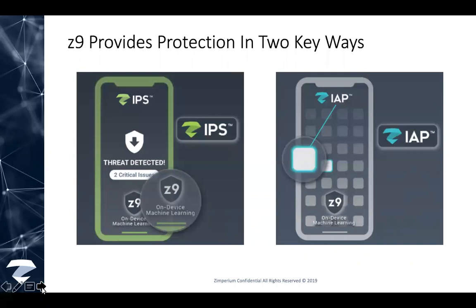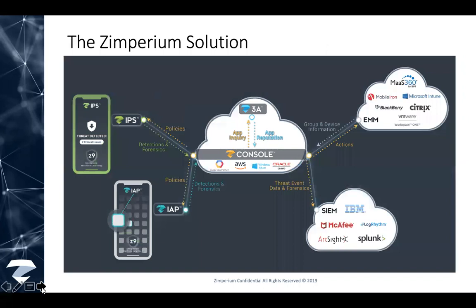So it's a perfect scenario. Both of those come back into our management and administrative console called Z Console. Another huge advantage of doing all of our detection on device is that our console is 100% cloud agnostic. We don't care what cloud people want to put it on. As an enterprise company, we always believe that we should fit into your world, not you into ours.